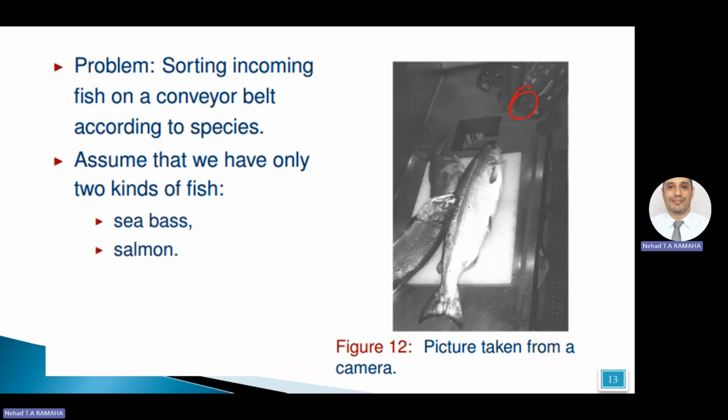Okay, I'm not good at drawing. Let me identify it here: this is the fins. And here in the top we have the fins. The shape of the tail. We could have many features.